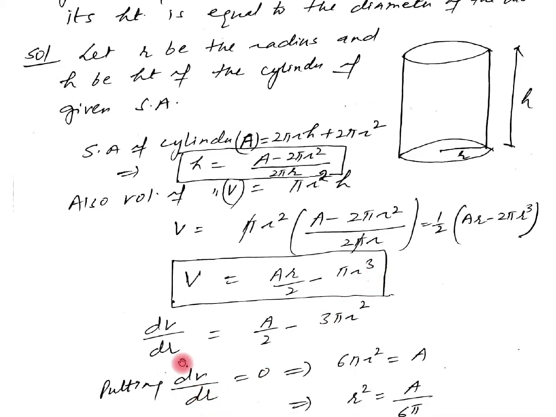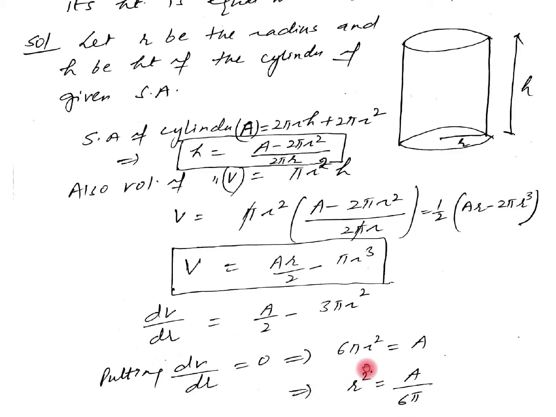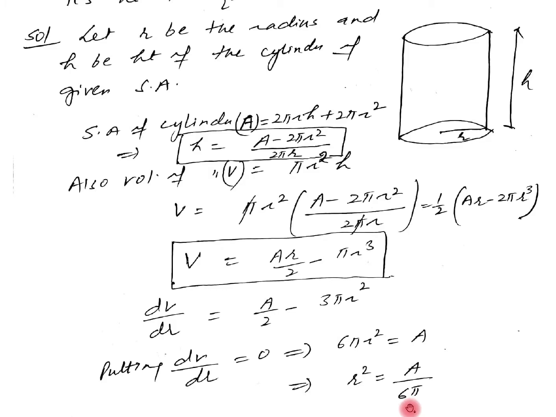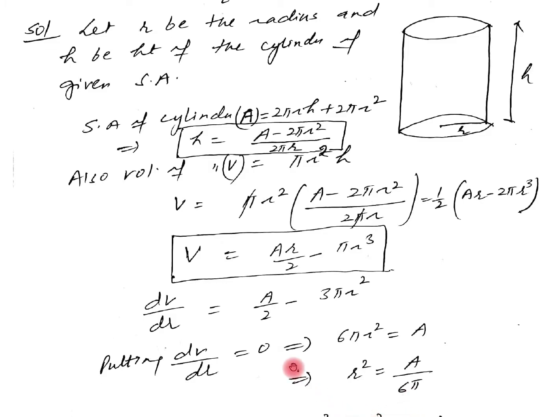Next step, putting dV by dr equal to 0, we get A equal to 6 pi r square, or we can say r square equal to A upon 6 pi. Now again we will find the second derivative.